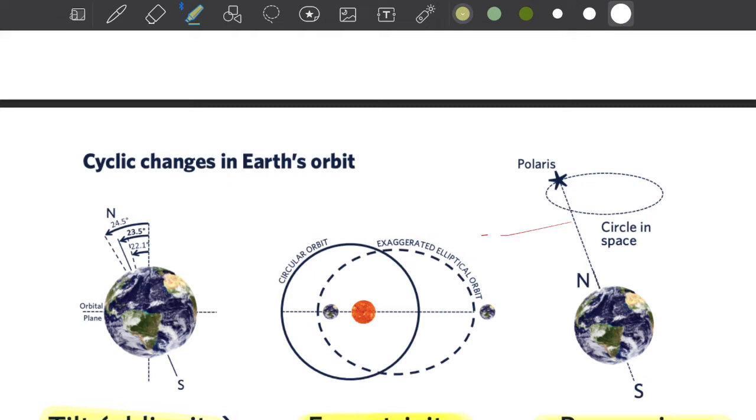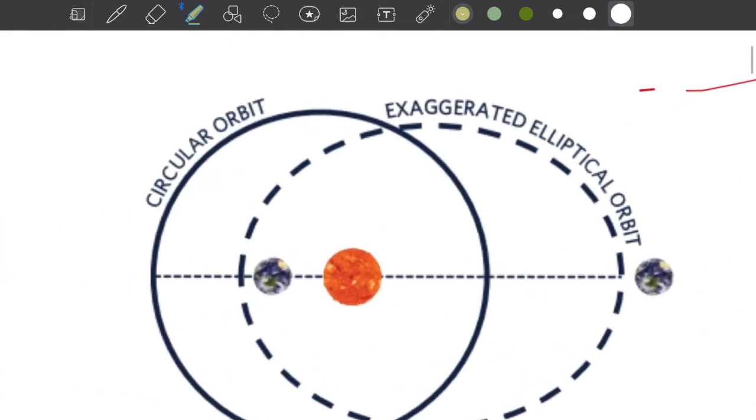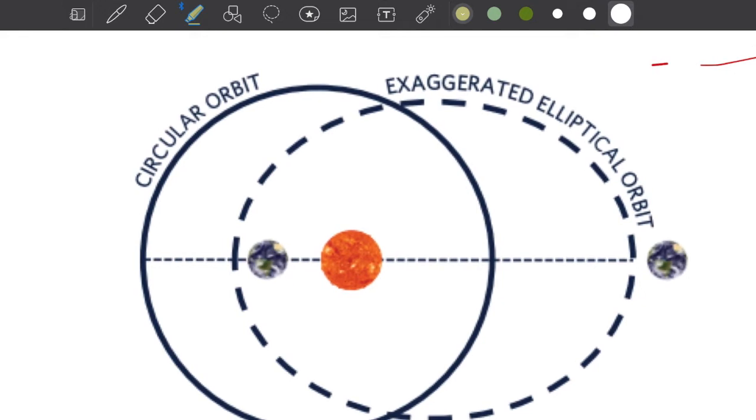So let's start with eccentricity first. Here in this diagram we can see that the eccentricity of Earth is changing with time. Now eccentricity is denoted by the letter e, small e. Basically, eccentricity measures how elliptical an orbit is.